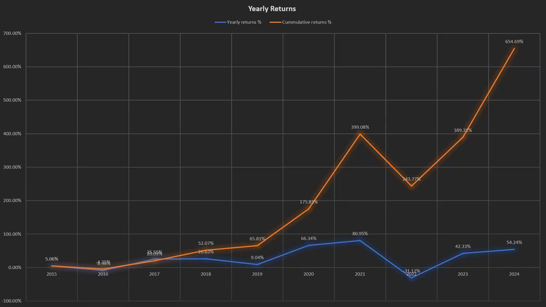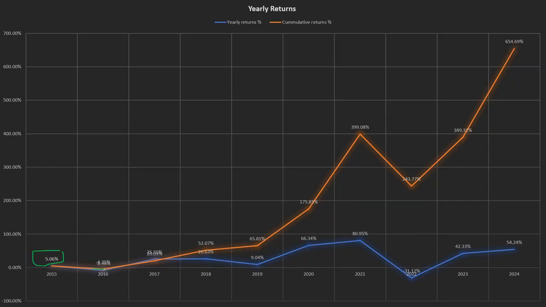So this is the first graph, yearly returns graph. In this graph, the blue line represents the yearly return in percentage of this sector, whereas the orange line represents the cumulative return. If we see in 2015, the returns of this sector are 5.06%.